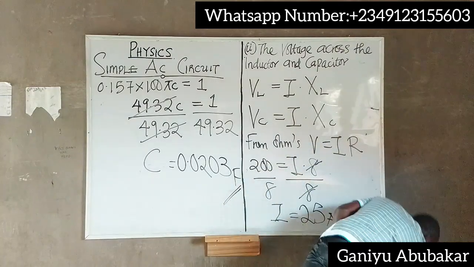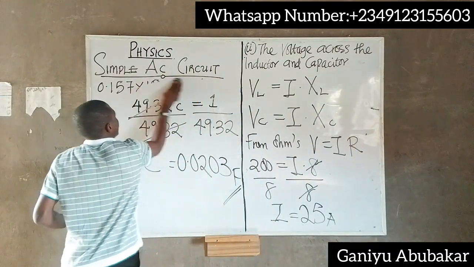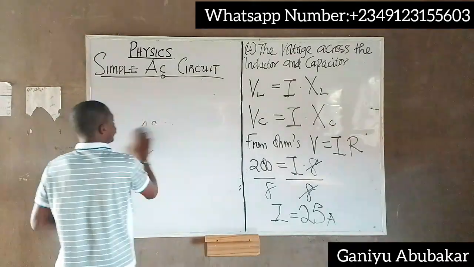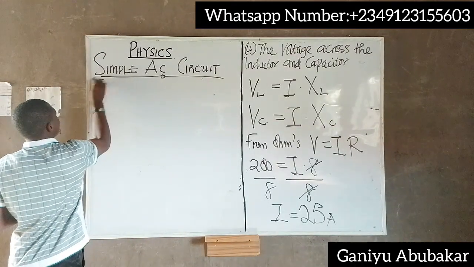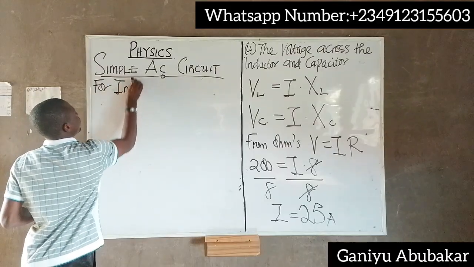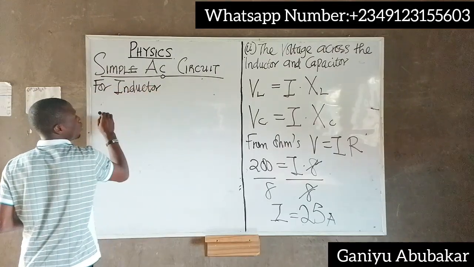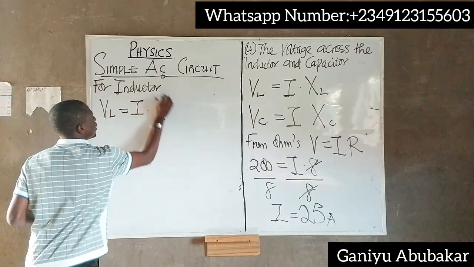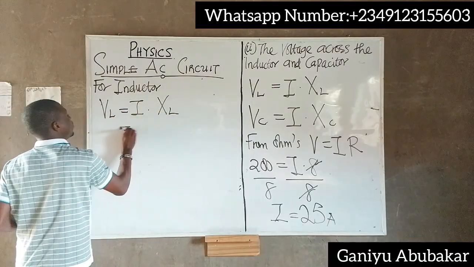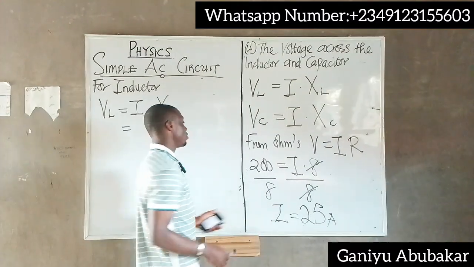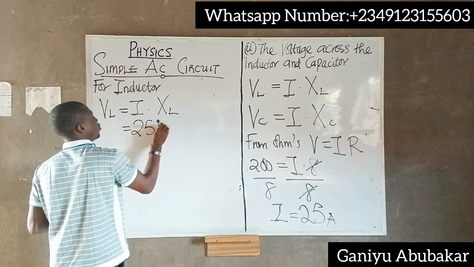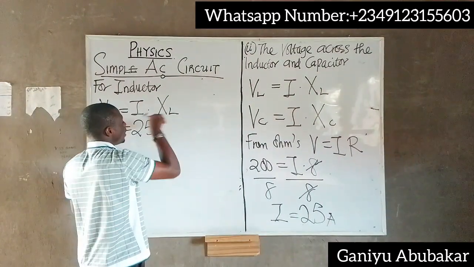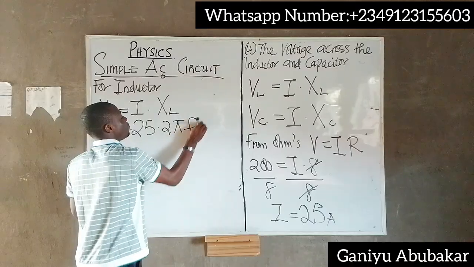So let's get VL first. For inductor, that's VL is equal to I dot XL. What's I? Of course, 25. That gives you 25 dot. What's XL? XL is given in the question. XL is, okay, we know that XL is 2 pi FL.